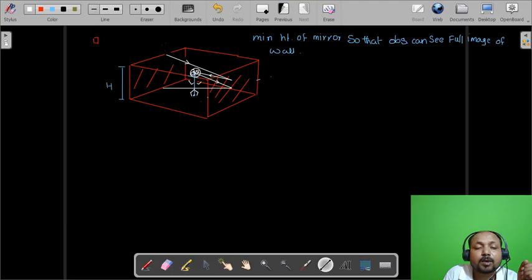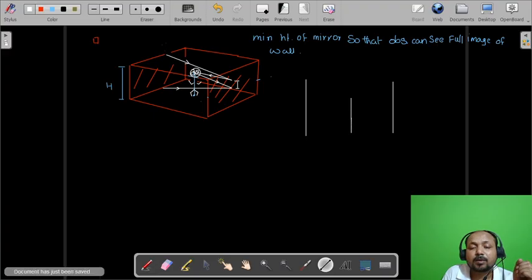Okay, so this will be the minimum height that is required to evaluate. So now tracing it, let's say this is the wall, this is a man, and this is the mirror. Okay, they all are lying on the same plane.